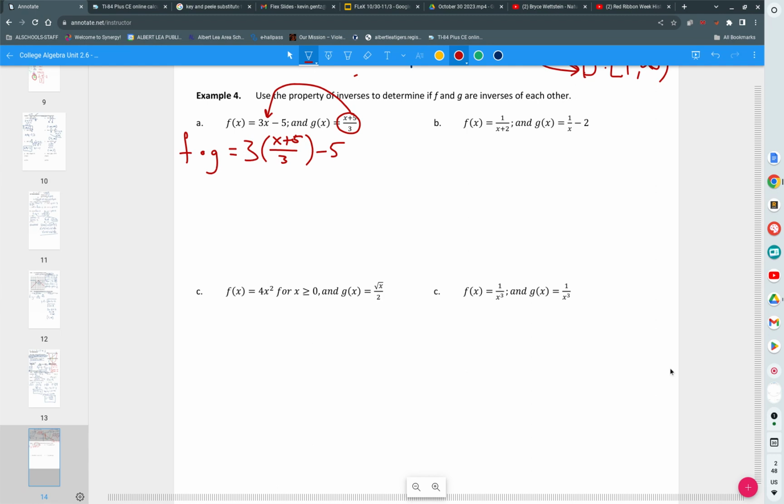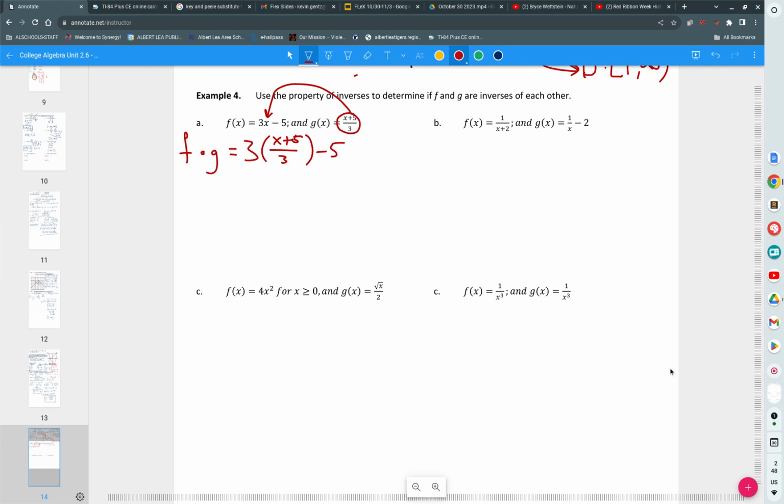Now you already know the answer should be what? You come up with x, right? But if you just write x, I don't give you points. You got to show me how you come up with x, okay? And those of you who have horrible handwriting, make sure I can at least read what you're putting down on your paper. What's the first thing to simplify here as we try to come up with just x?